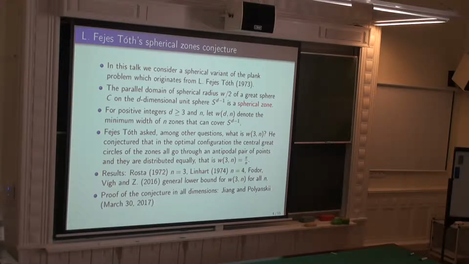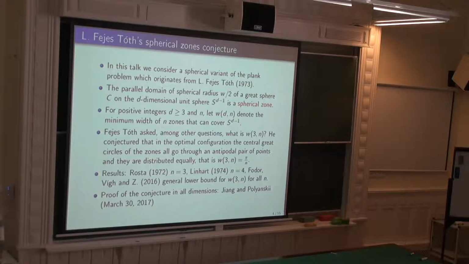In this talk, we consider a spherical variant of this plank problem, which originates from László Fejes-Tóth. The parallel domain of spherical radius W/2 of a great sphere on the d-dimensional unit sphere is a spherical zone.